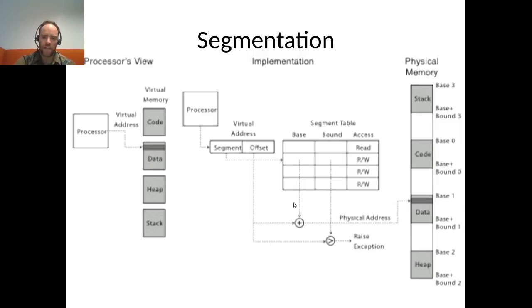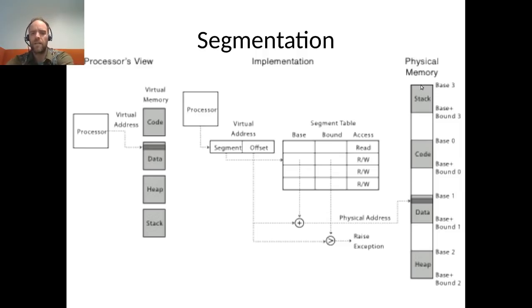So this provides the mapping between the virtual memory and the physical memory. Then the bound is used, of course, for raising an exception if we try to access an area beyond where we should. So that's also added to the offset, I think. No, that's just if we go beyond the bound, then we raise an exception.